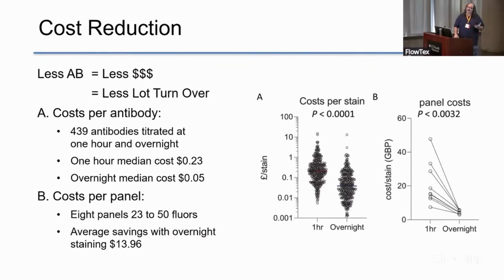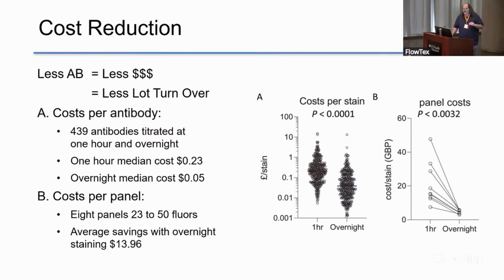So here's where I personally found this paper exceedingly useful, is cost reduction. This entire time we've been talking about how they've been able to reduce the amount of antibodies by doing an overnight staining. And another aspect of that that's not brought out in the paper is if you're using less antibody, you don't have to switch lots nearly as frequently. So in most of the slides earlier, we saw a 1/10 reduction of the amount of antibody that was required.